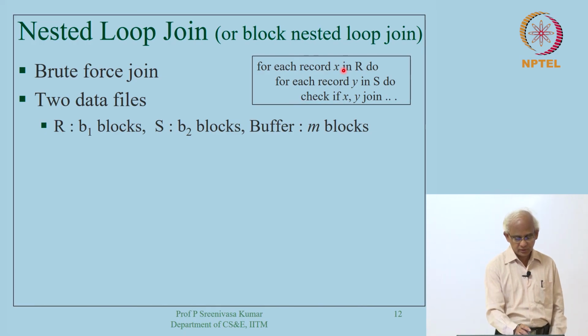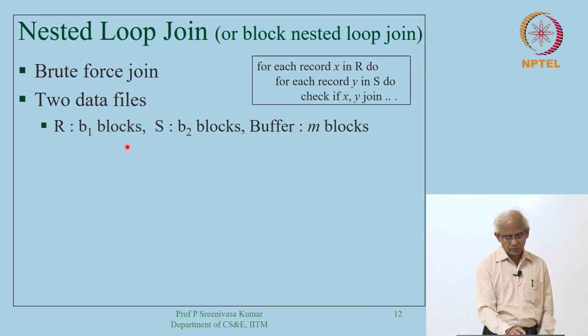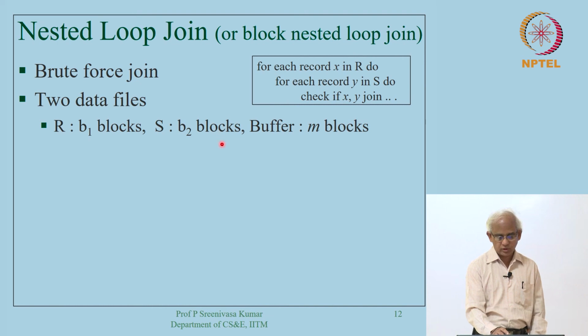But then again considerations will come into picture, because R has some B1 number of blocks, S has B2 blocks, and we always have some M number of buffer blocks. Some amount of memory is available, and we will measure it in terms of blocks because it is easier for us to handle the numbers that way. So let us say we have M buffer blocks.